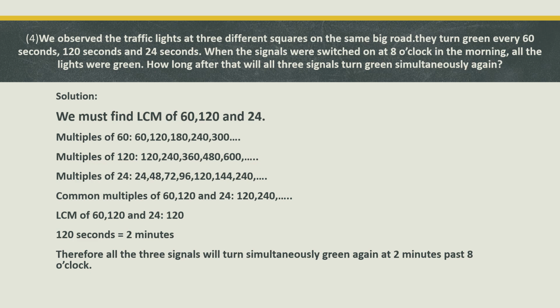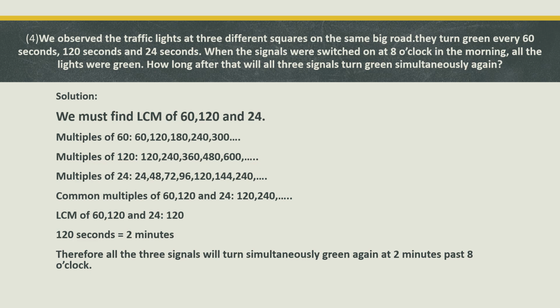When the signals were switched on at 8 o'clock in the morning, all the lights were green at 8 a.m. sharp. So they are asking when the lights will turn green together again. Here we have to find the LCM of 60, 120 and 24.